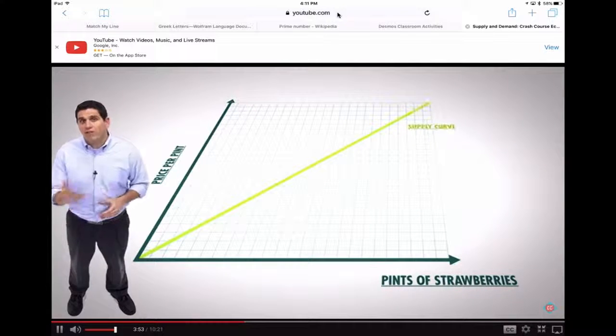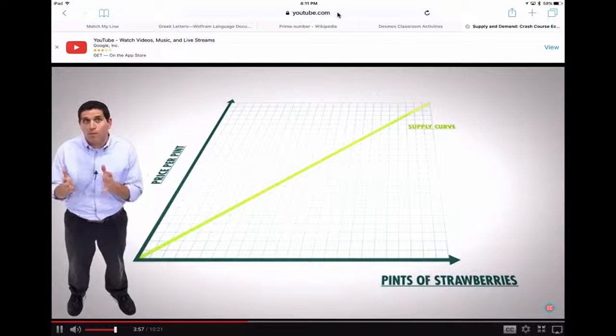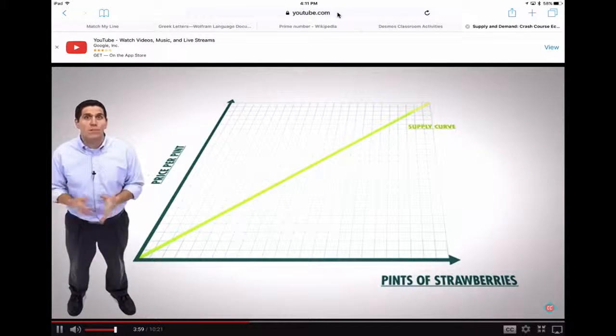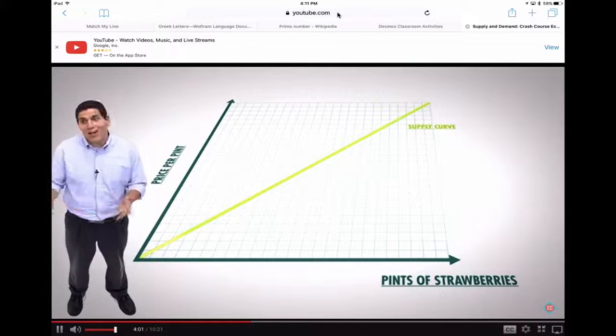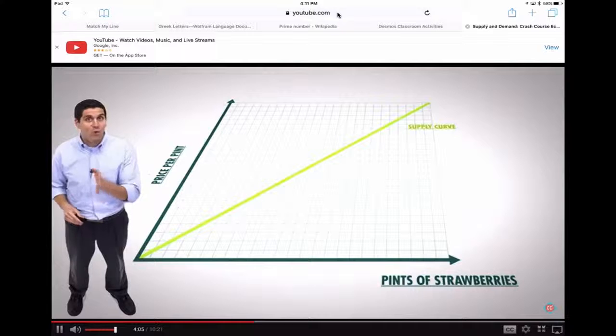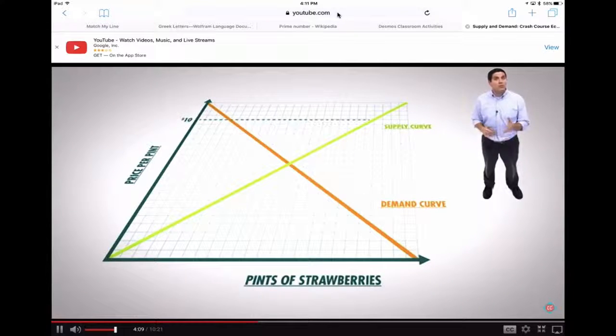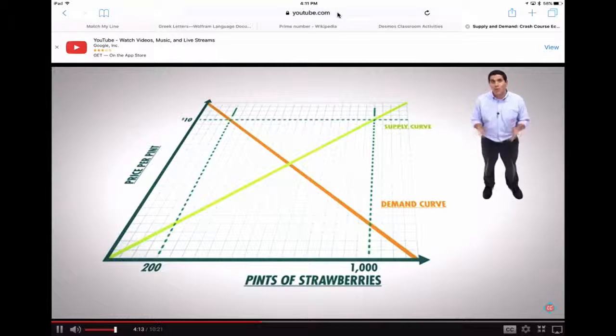Now let's think about sellers, like the farmer in the farmer's market. If the price of strawberry goes up, then that farmer will make more profit, so he'll have an incentive to produce more strawberries. If the price goes down, then he's not going to want to produce strawberries. That's called the law of supply. And on the graph, it's shown by an upward sloping supply curve. Now let's put demand and supply together. If the price is really high at $10, then producers would like to produce a lot of strawberries, but consumers won't want to buy them.